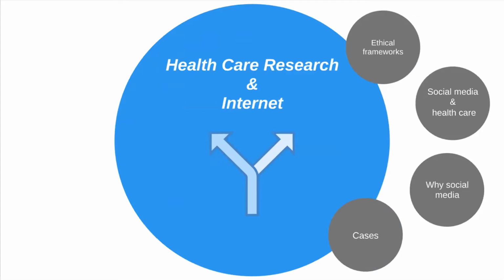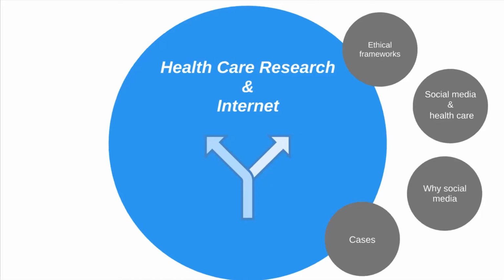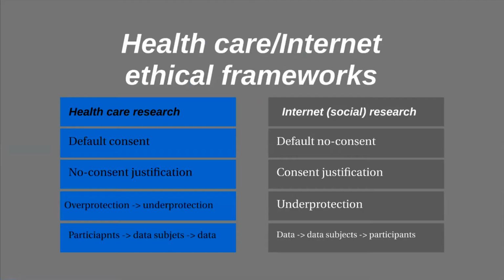So let's compare the traditional healthcare research approach to data with data that is freely available on social networks, and the framework that is currently discussed and presented in different ethical guidelines for internet social research.